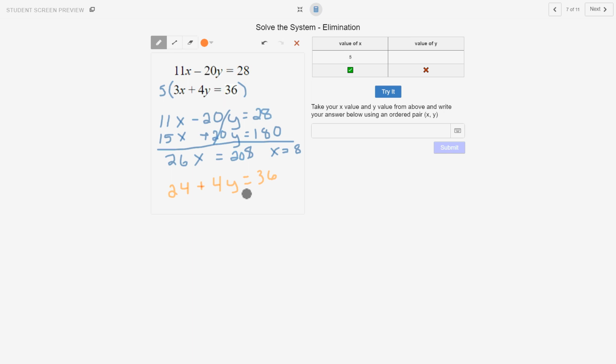Subtract 24 from both sides. Divide by 4. And you get y equals 3. So my ordered pair is going to be 8, comma 3.